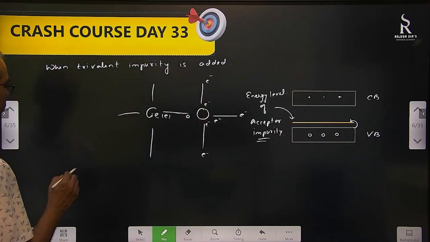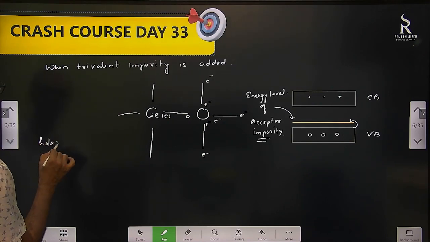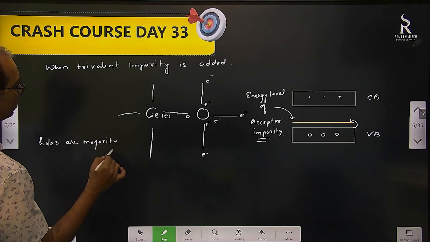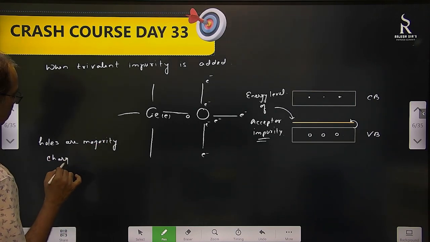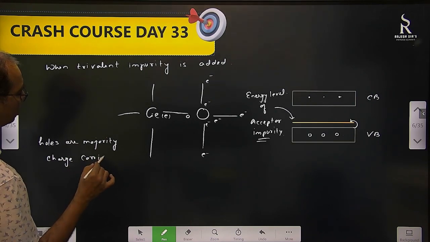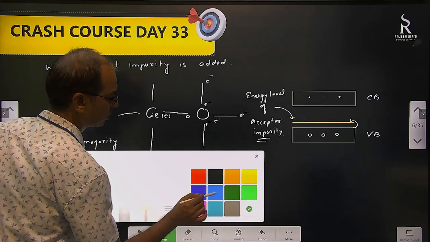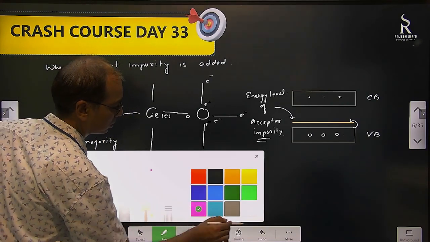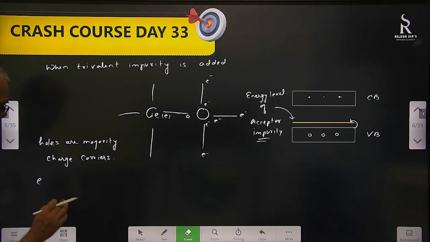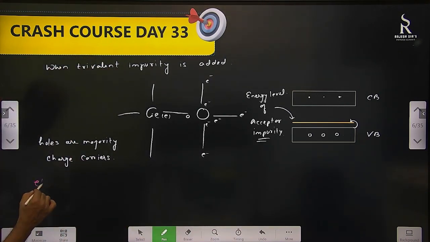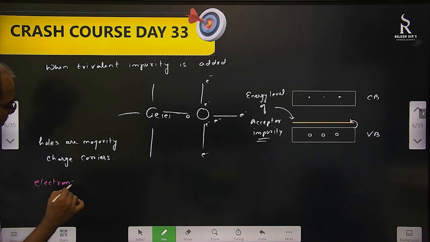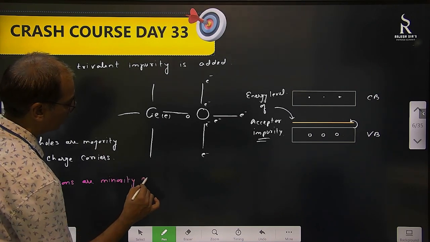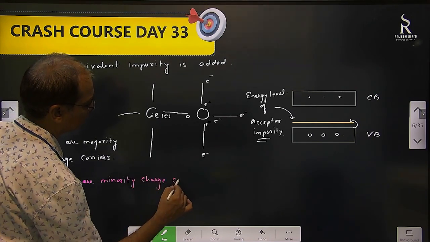So here holes are majority charge carriers, and electrons are minority charge carriers.